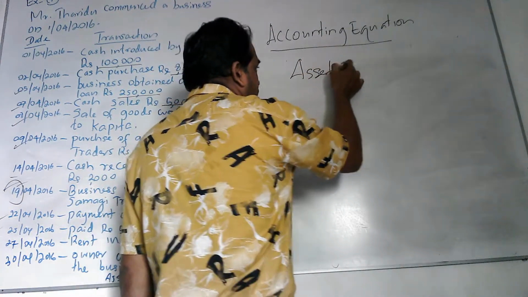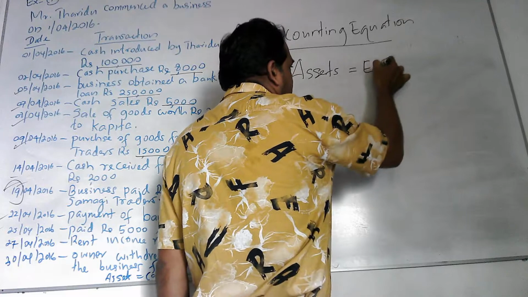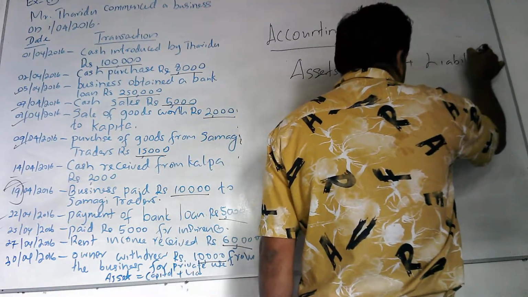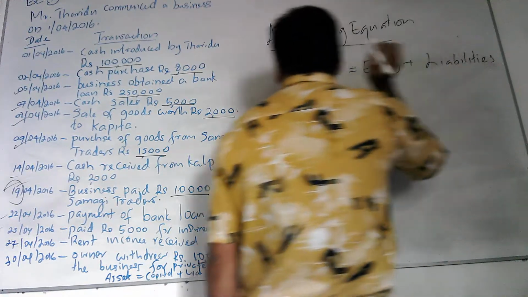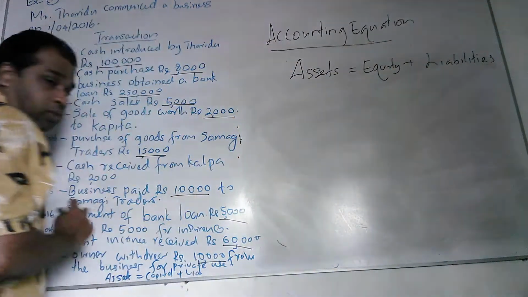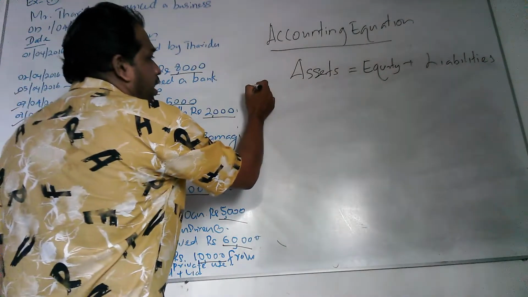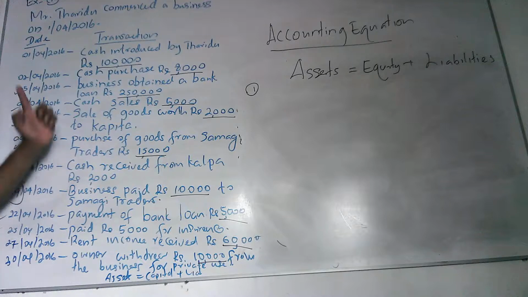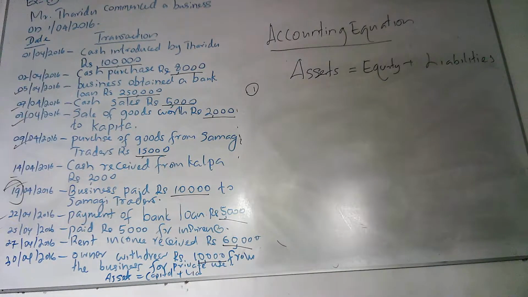Assets equal equity plus liability. Then I will put only the date here. Date April 1st. Tharindu has introduced cash of rupees 100,000.